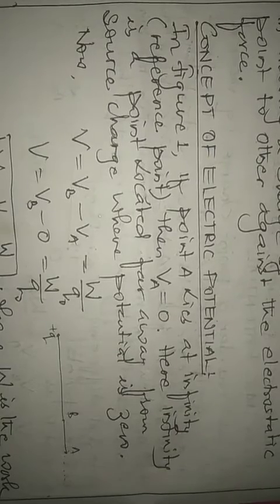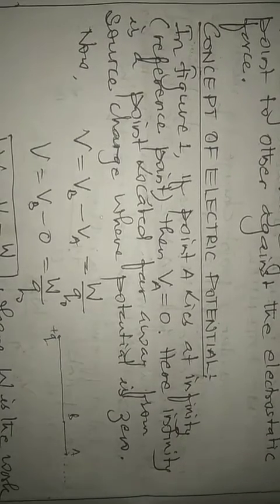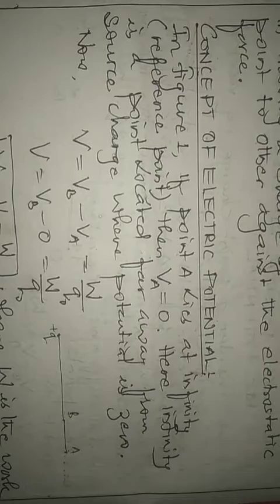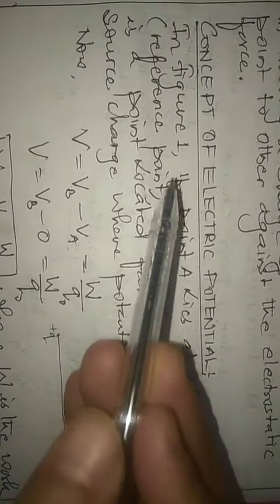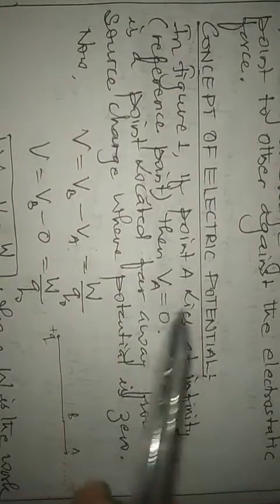If there is a source charge like a point charge, and you measure the field at an infinite distance, there will be no field produced by the source charge. And that point is also called a reference point.